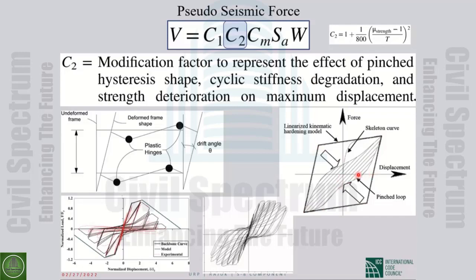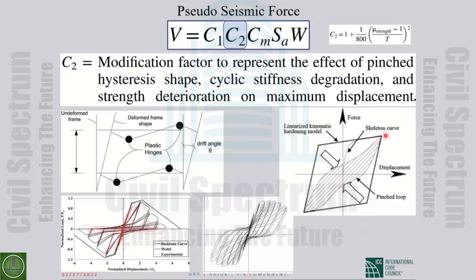So naturally, we can agree that if the area of the plastic hinges that absorb energy is reduced, then for an earthquake that imposes a specific level of energy, the one with this pinched curve should move more, getting more displacement, to dissipate the same level of energy as the original.